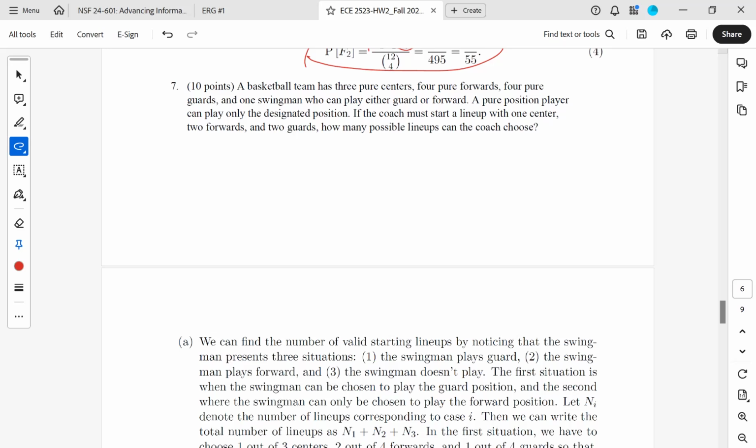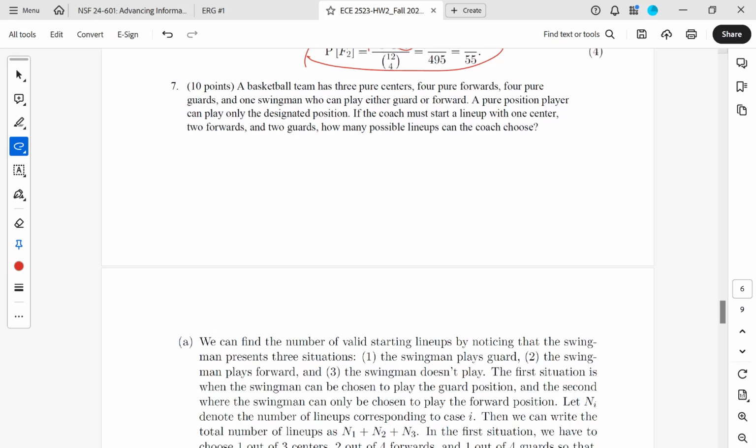And we have 1 player that could swing between forward and guard. So 3 center, 4 forward, 4 guard, and 1 person that could swing either in forward or in guard.